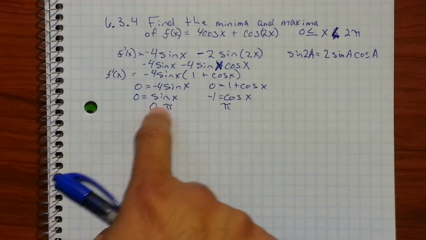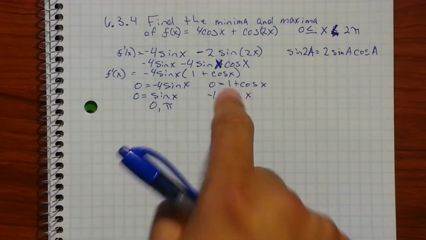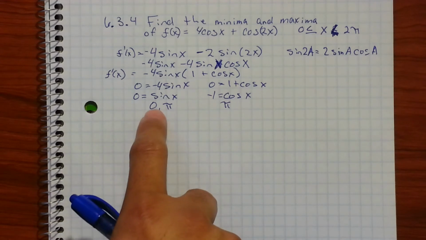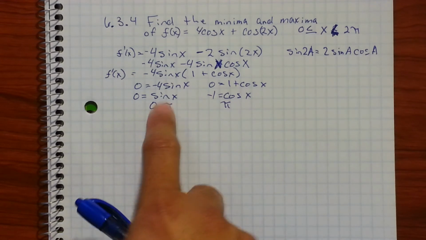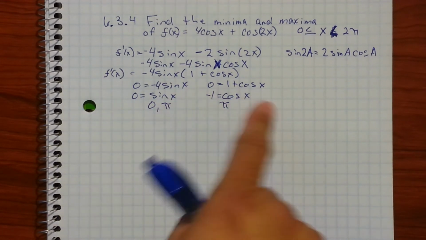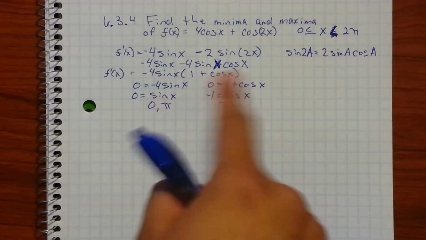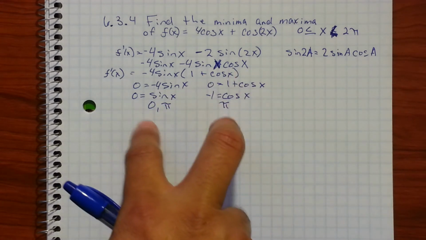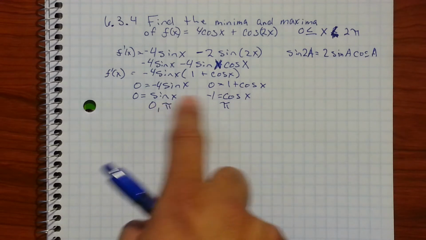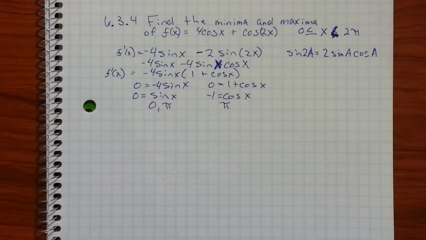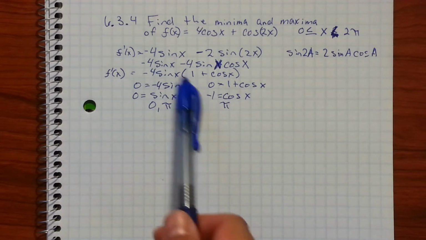So I have multiple answers. I have 3 answers for this one right here. For this one I have 0 and pi, and this one I have pi. So when I plug it back in, I'm only going to have to use 0 and pi. I don't have to do it twice. I got 2 answers, but 3 different places. Okay, so now I have that equals 0.